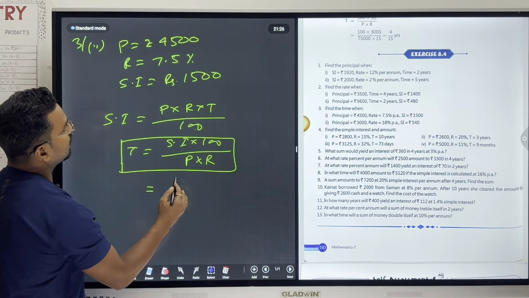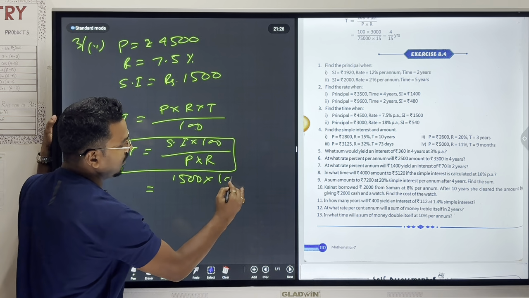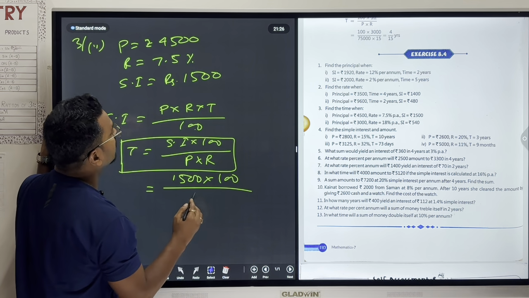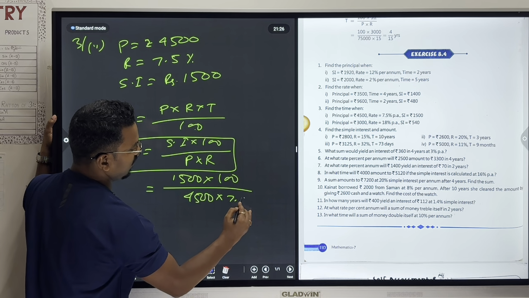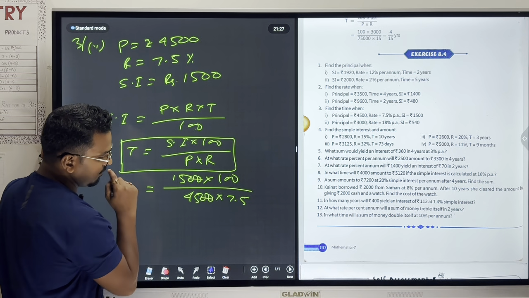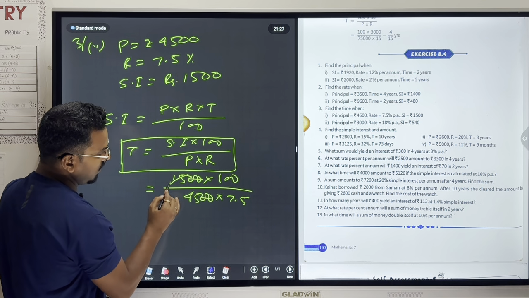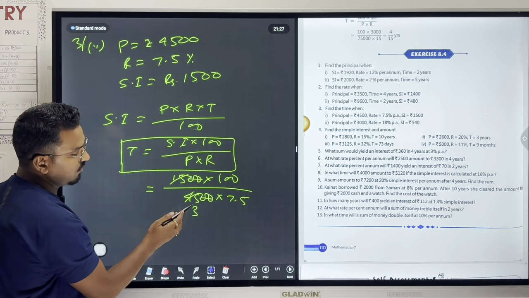So simple interest is given 1500 multiplied by 100, divided by principal 4500 multiplied by 7.5. First we'll cancel this one. 15 3s are 45.